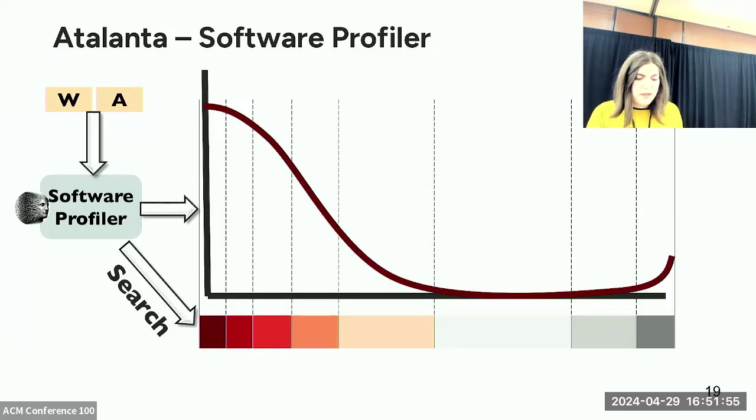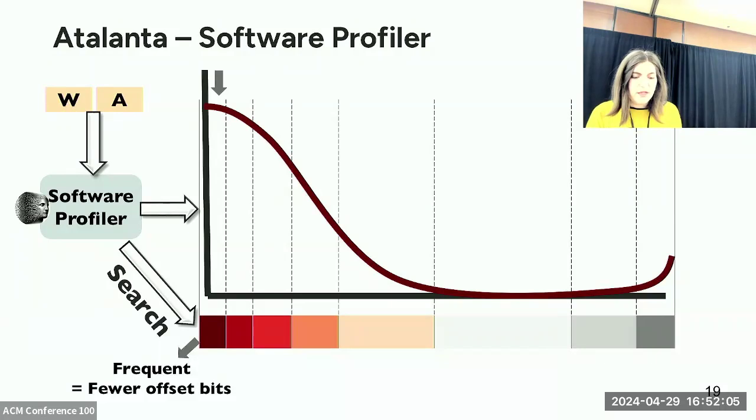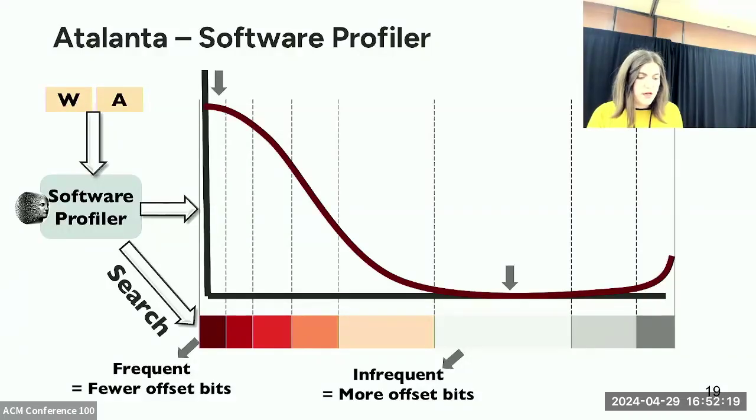The idea is that the values that are very frequent, like the ones that we see here, can be assigned very short ranges, so they have very few offset bits, as they contribute more significantly to the overall data footprint. And the opposite, the values that are infrequent have a larger range, so they have more offset bits.